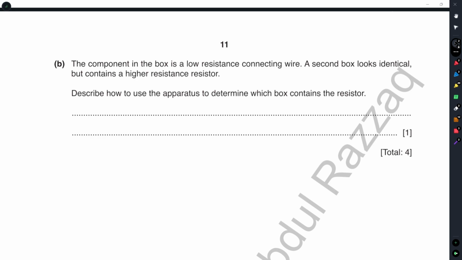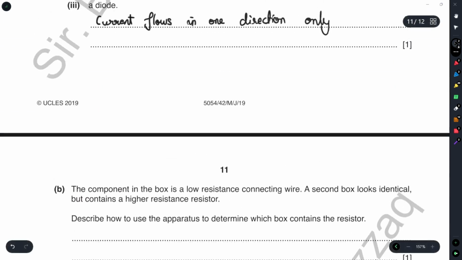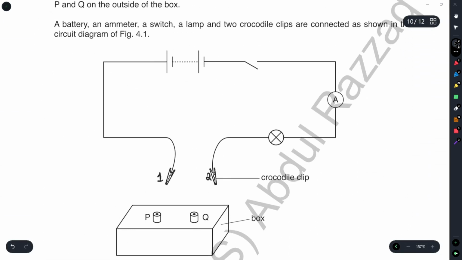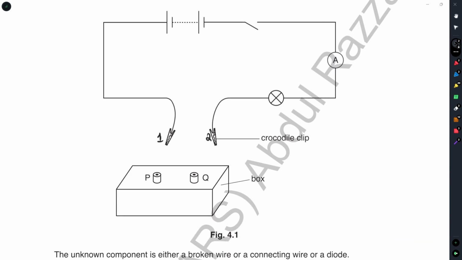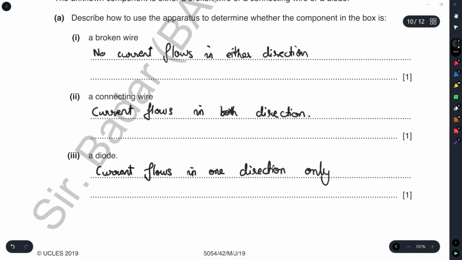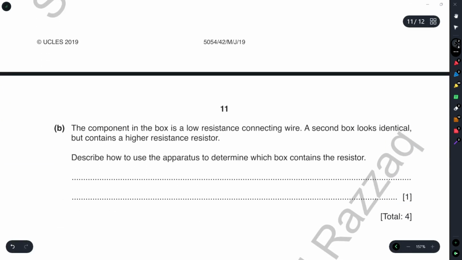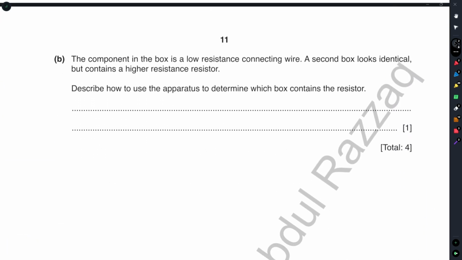The component in the box is a low resistance connecting wire. A second box looks identical but contains a high resistance wire. Describe how to use the apparatus to determine which box contains the higher resistor. So, all right. सो अब जाहिर सी बात है, हम लोग क्या करेंगे कि अगर आपके पास जो है वो हाई रेजिस्टेंस का रेजिस्टर है तो ऑटोमेटिकली योर करंट इज़ गोइंग टू बी स्मॉलर. ठीक है. तो we can use the ammeter and the voltmeter to measure कि भाई हमारा कितना करंट जो है वो पास हो रहा है.